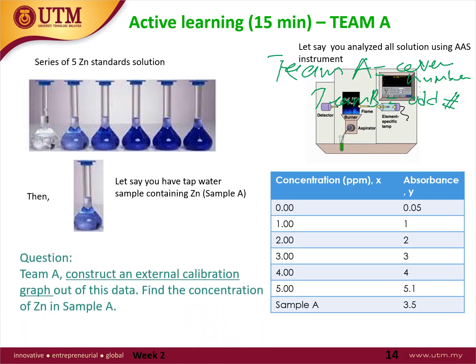Team A, construct an external calibration graph. I hope you still remember what external is. Find the concentration of zinc inside sample A. I already gave you sample A like this. You have to do the curve based on this data, and imagine you are analyzing it using AAS.